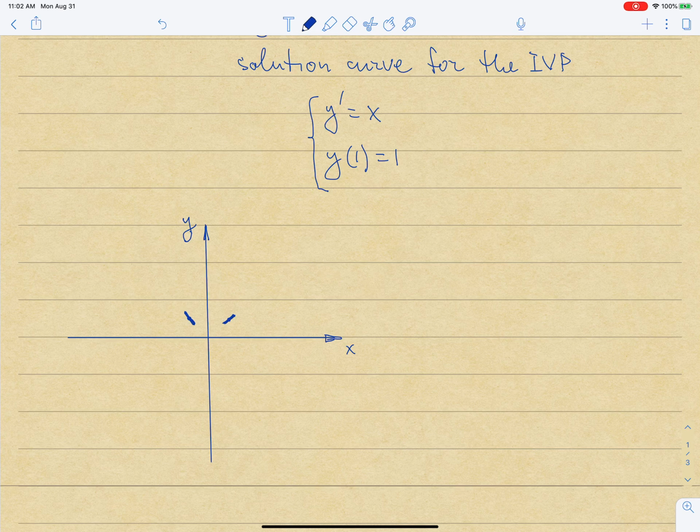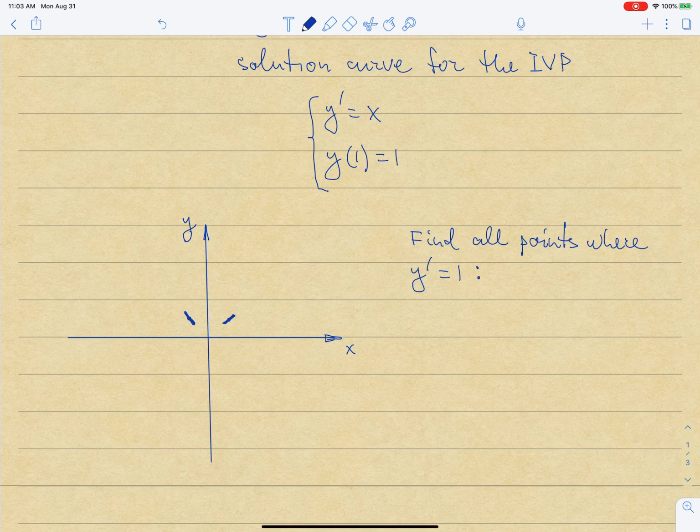So instead, what people typically do is determine the set of points where the slope is equal to some constant. I'm looking for some systematic way of producing this plot. So I want to find all points where y prime is equal to, let's say, 1.